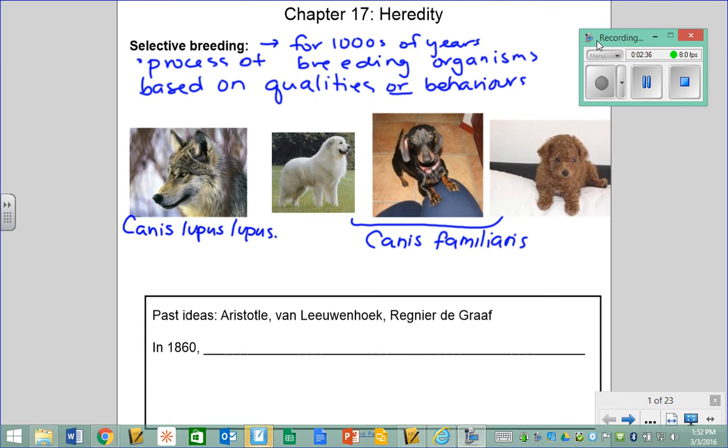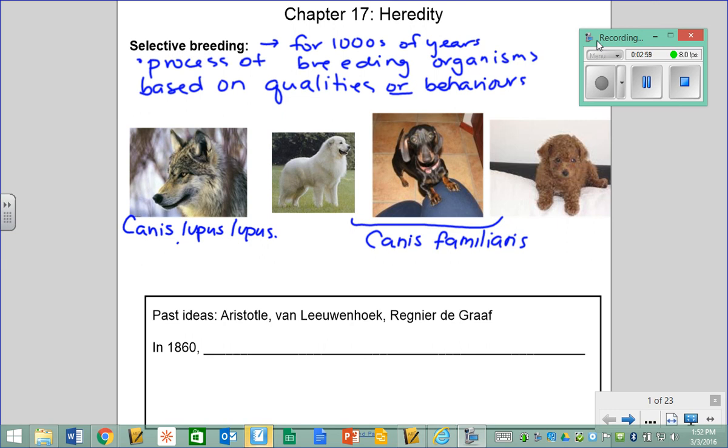And so selective breeding, a really good example of it is dogs. There are so many types of dogs. Based on what we know now about DNA, it appears as though all dogs at some point were descendant from a wolf or a wolf-like organism, that was their ancestor, and that based on reproduction and breeding, different races of dogs have been produced.